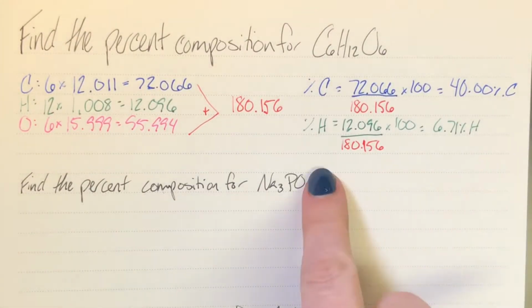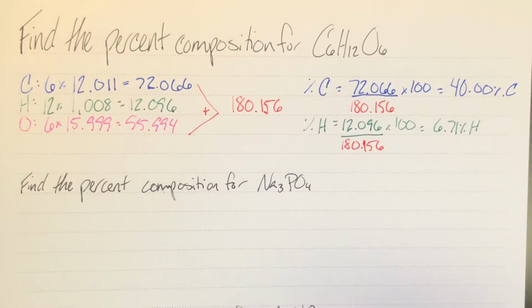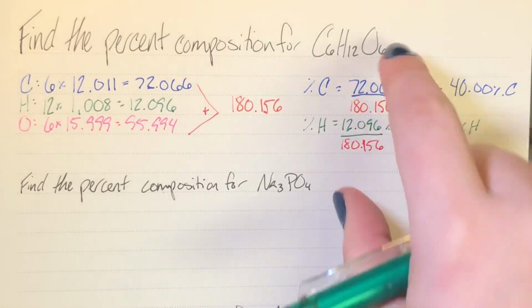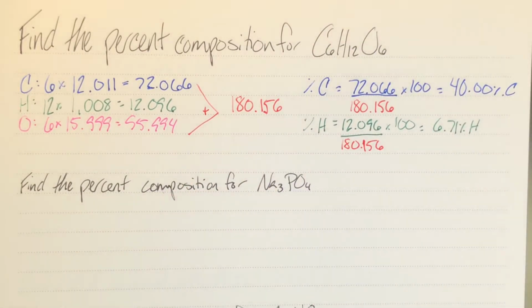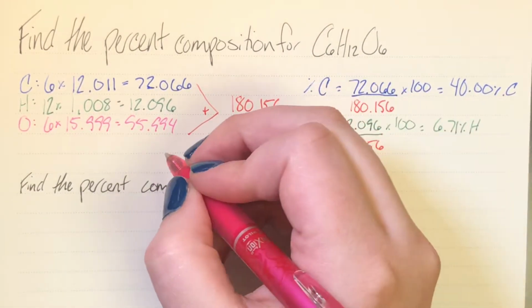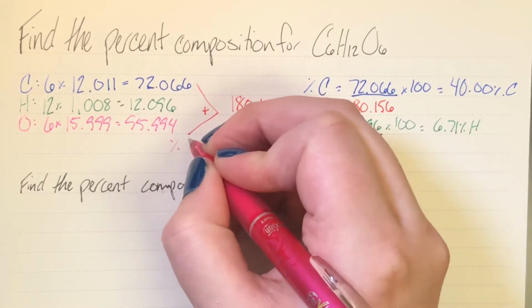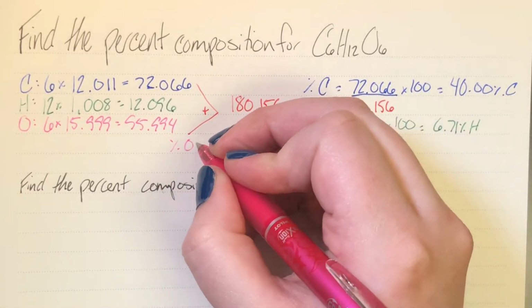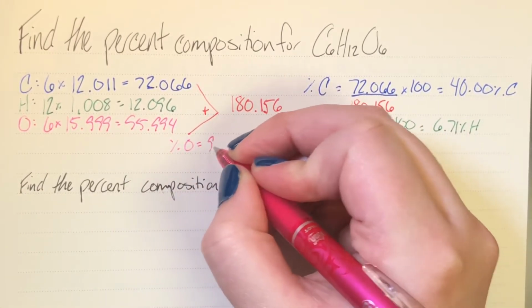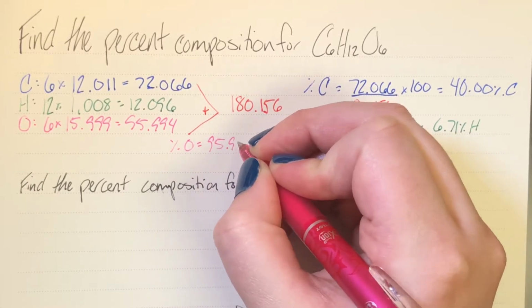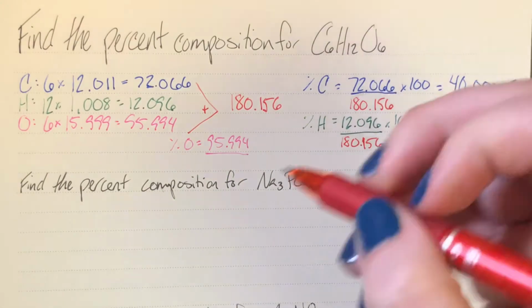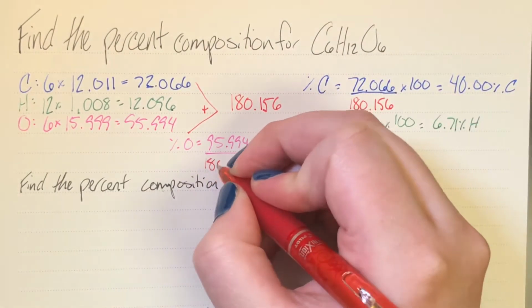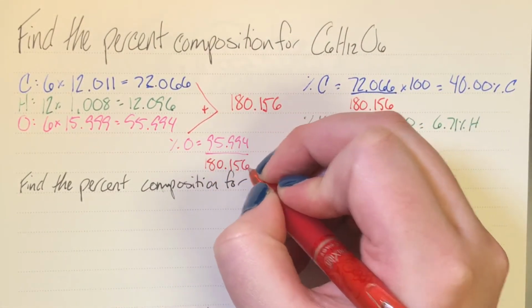I didn't really give myself enough room to work it out the exact same way for oxygen over in this space, so I'm going to move myself over here, because apparently spatial things are difficult today. So 95.994, and I'm going to be dividing that by the total mass, which was 180.156.